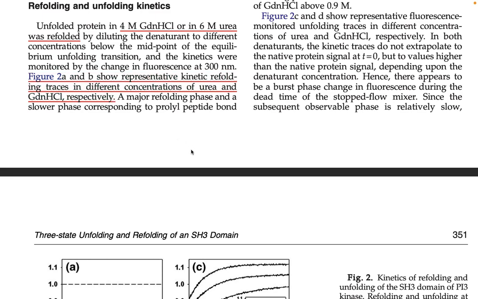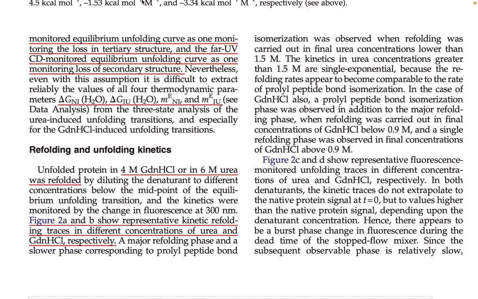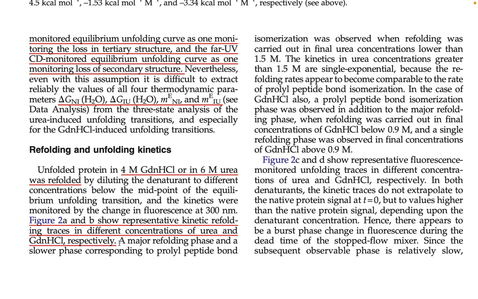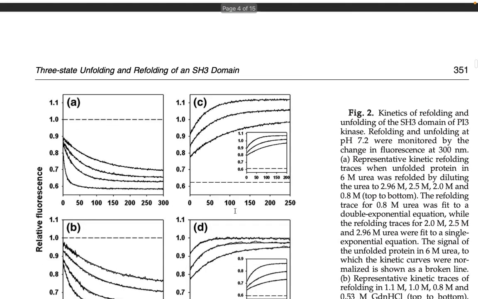Now, a major refolding phase and a slower phase corresponding to prolyl peptide bond isomerization was observed when refolding was carried out in urea concentration lower than 1.5 molar. So, let us see that in 2A and B.